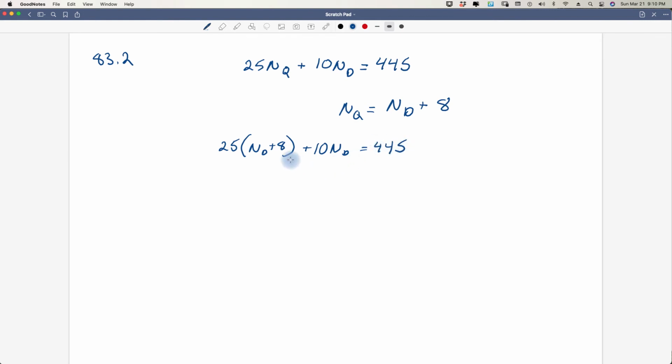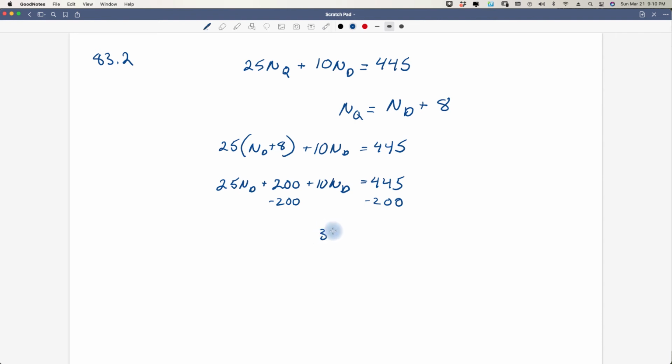Now we can do the multiplication, and we have 25 times the number of dimes plus 200 plus 10 times the number of dimes. Okay, that equals 445. We could subtract 200 from both sides, and we can combine these two.